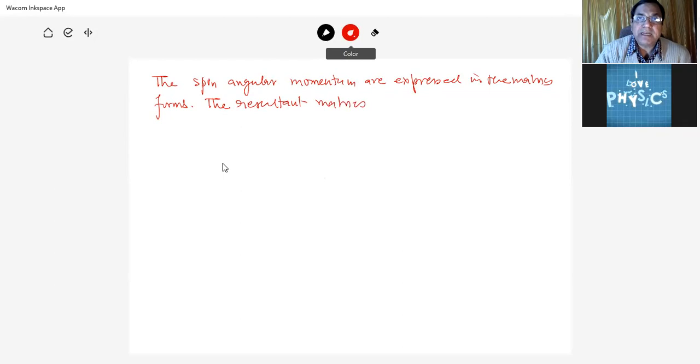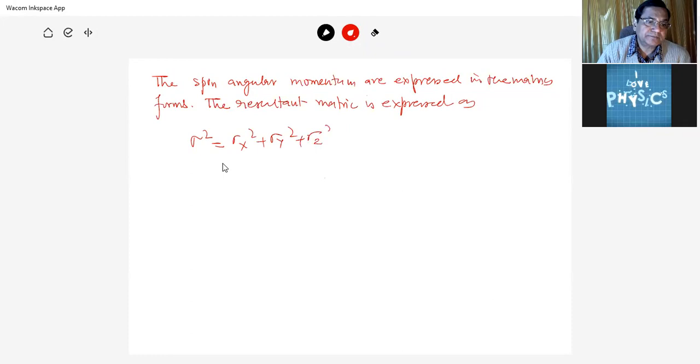The resultant matrix is expressed as sigma square is equal to sigma x square plus sigma y square plus sigma z square.